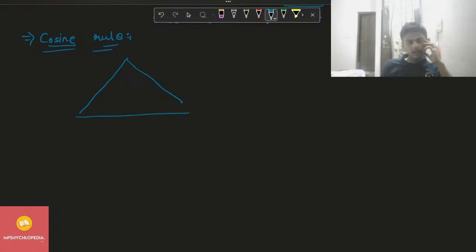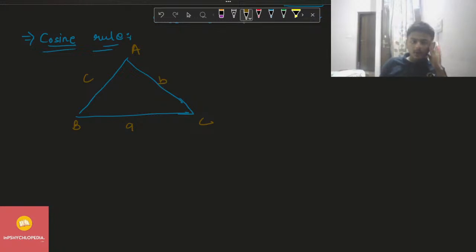So the cosine rule. Again drawing a triangle, now I want to change the color. Let's say this is A, this is B, this is C, and this is angle A, C, B. Now I'm not putting the arrows because you know what it is.